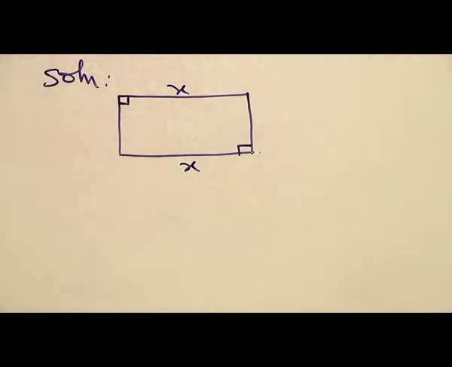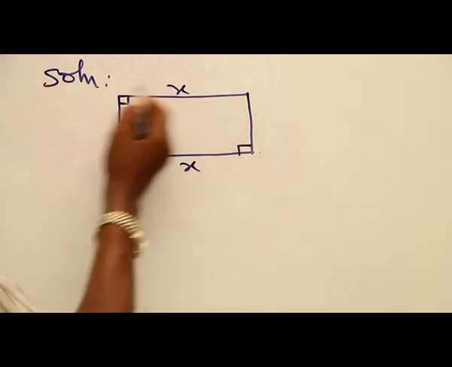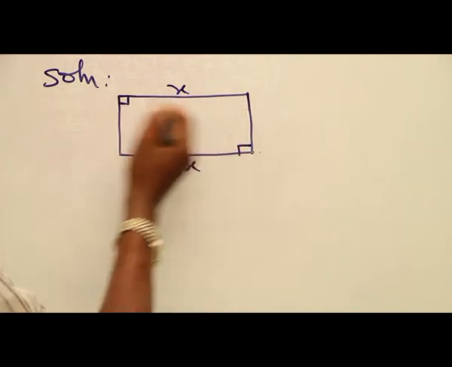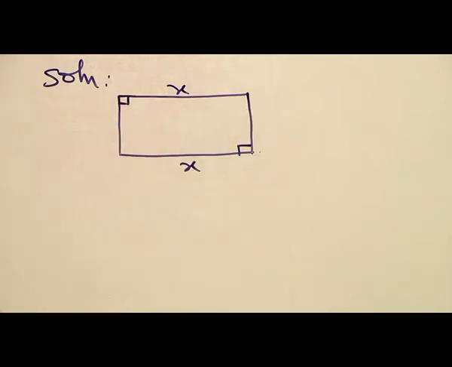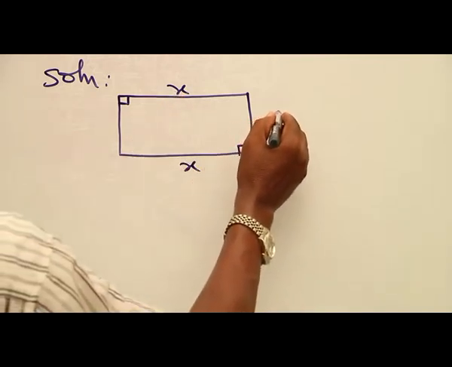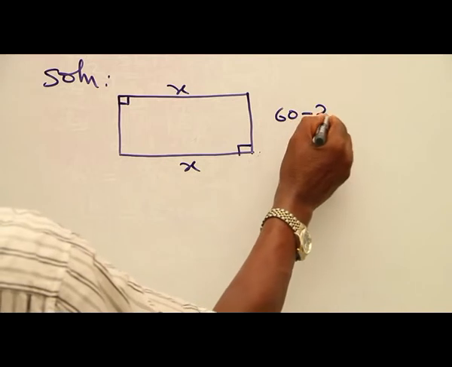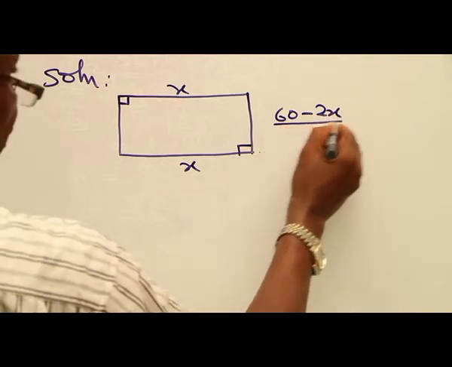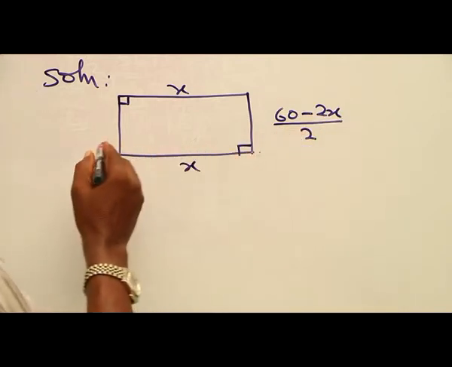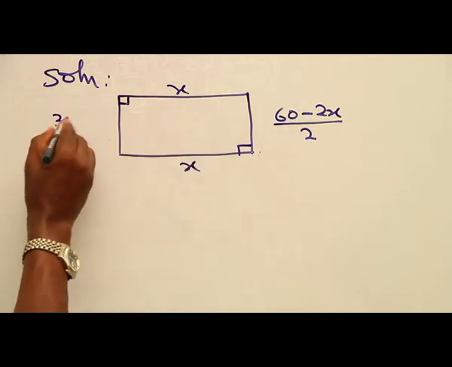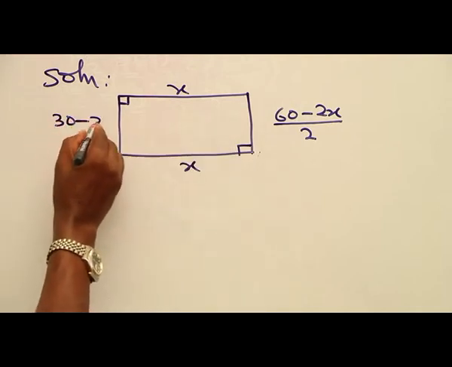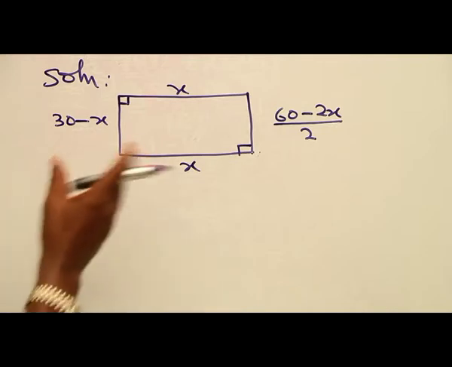It therefore means that the breadth of this rectangle, since the fencing is 60 meters, that is the perimeter. So we have x plus x is 2x, then the breadth will be equal to (60 minus 2x) divided by 2, which eventually gives 30 minus x for the breadth.